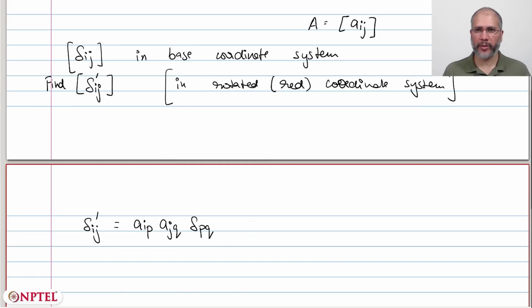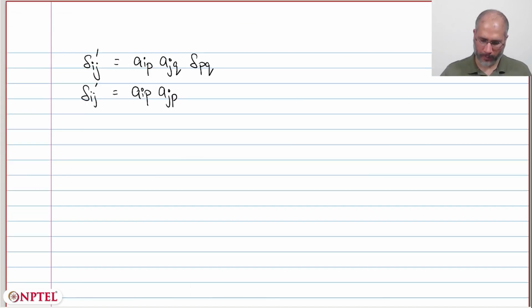We can simplify this further because on the right hand side we have a delta pq. So we can apply the Kronecker delta substitution property. So this becomes a_ip a_jp. I will rearrange the indices of the terms slightly for convenience.